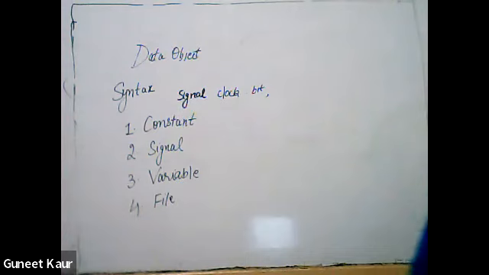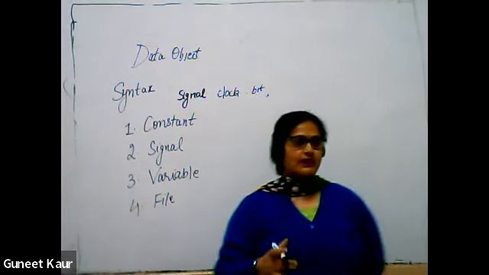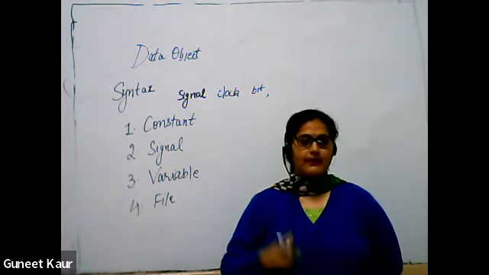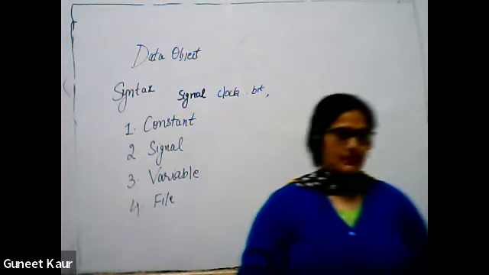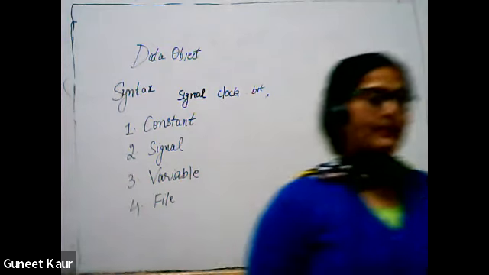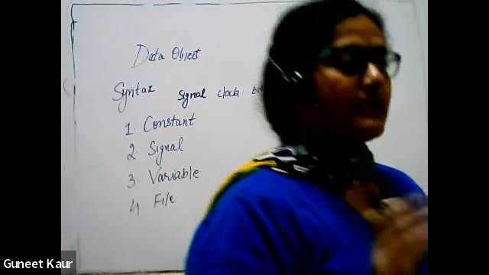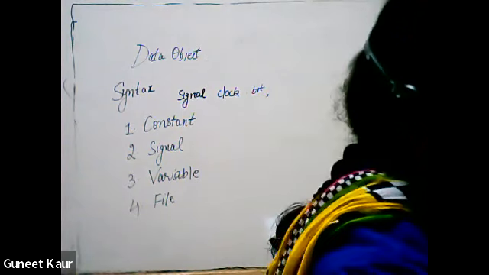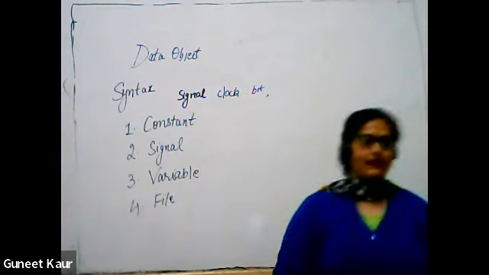Now I will discuss each of the 4 classes of the data object one by one in detail, with their syntax and examples. So you came to know that there are 4 classes: constant, variable, signal and file.